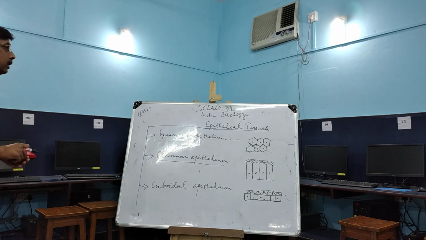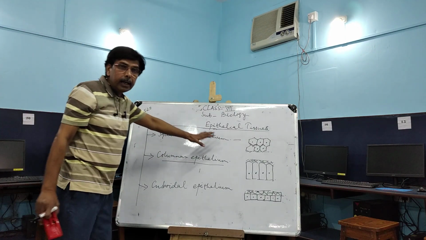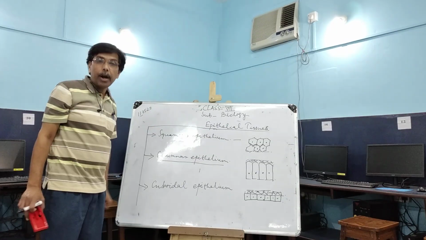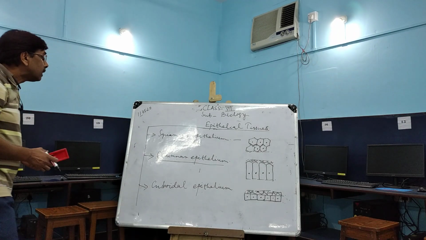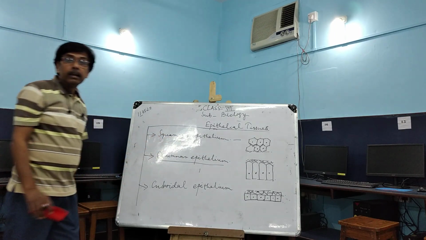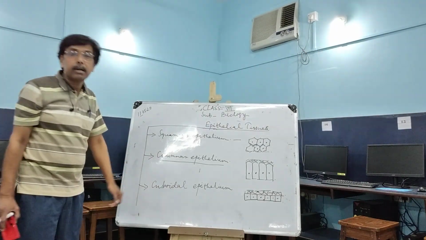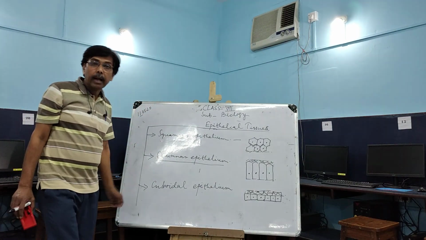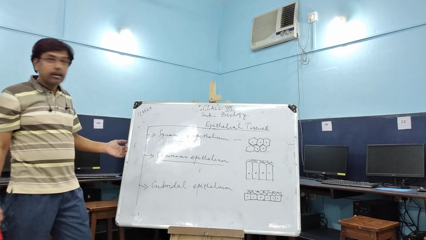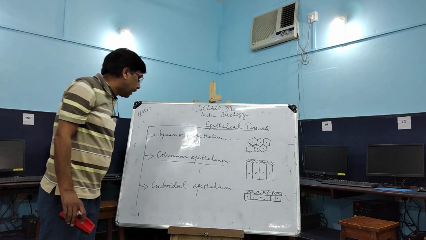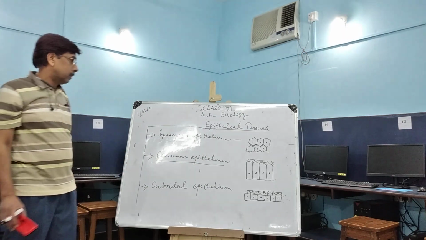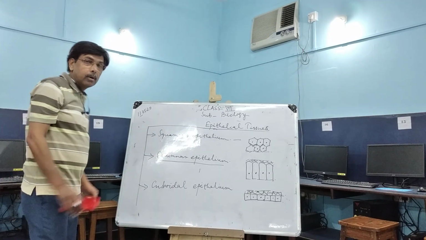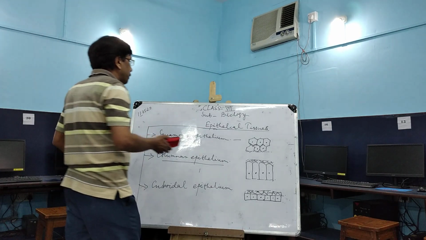So based upon the shape of the cells, the epithelial tissues are of three types: squamous, columnar, and cuboidal epithelium. Squamous epithelium is found in the inner lining of the heart, lungs, and esophagus. Columnar epithelium is found in the lining of the intestine. Cuboidal epithelium is found in the thyroid gland, kidney tubules, and salivary glands. So these are your epithelial tissues.